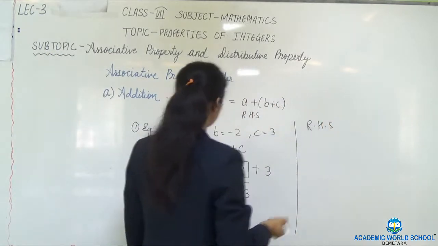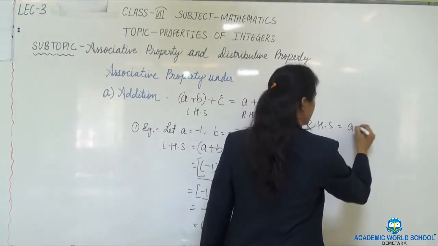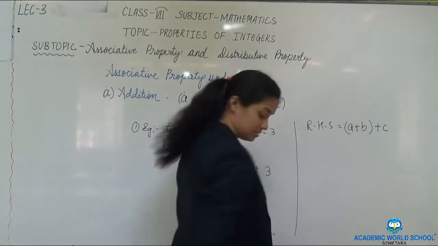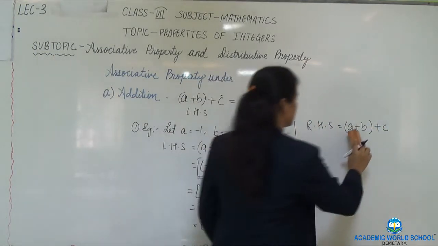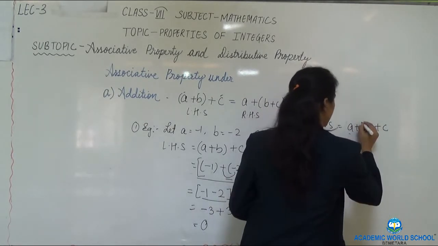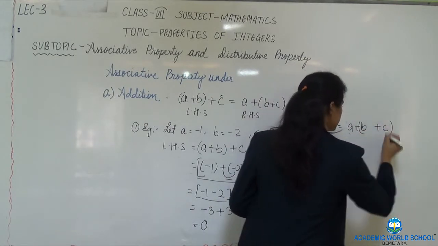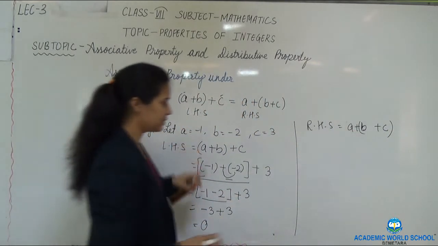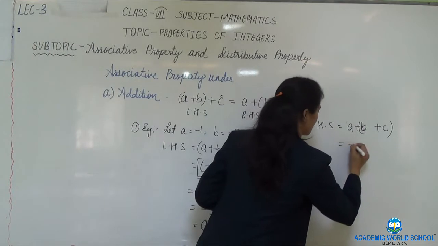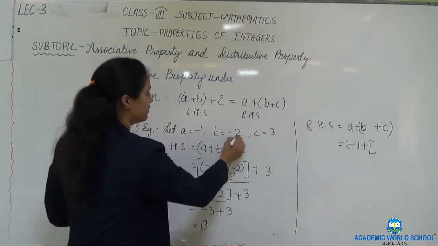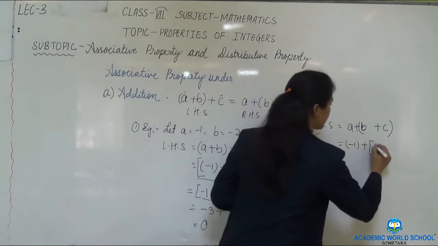So the right hand side says A plus (B plus C). Here we change the grouping. Now what is the value of A we have taken? -1. What is the value of B we have taken? -2.